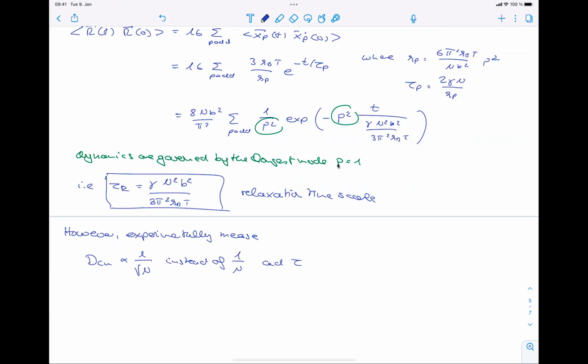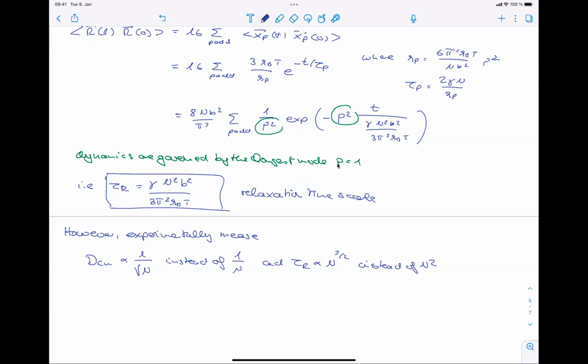And the relaxation time scale is n to the 3 over 2 instead of n squared. So typically we won't expect to get the prefactors right, but we would expect to get the scaling correctly. And so apparently we failed here. And so the question is what went wrong?